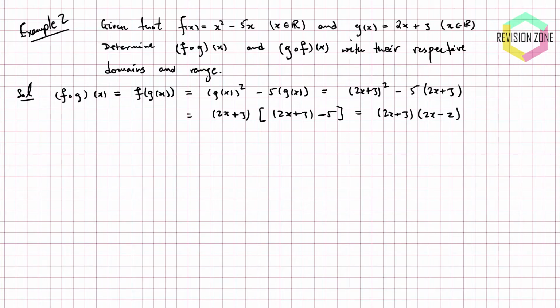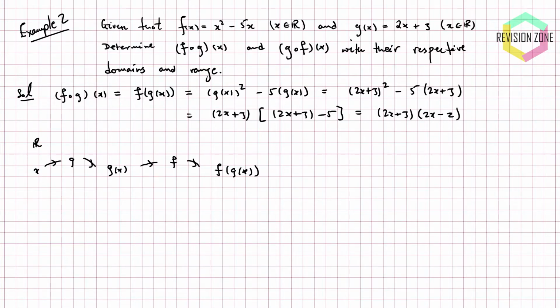And the only thing that's now left is to figure out the domain and the range. So last time we did this, we said that we have some x, and then g acts on the x to give us g of x. And then f acts on the g of x to give us f of g of x. In this case, g is going to have real numbers as input, so I'm just going to have real numbers here.